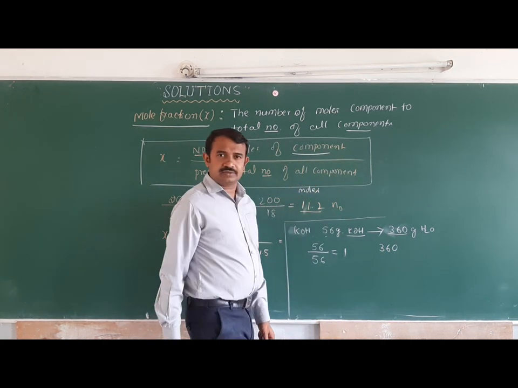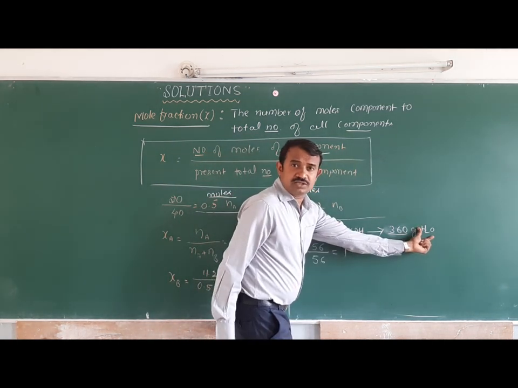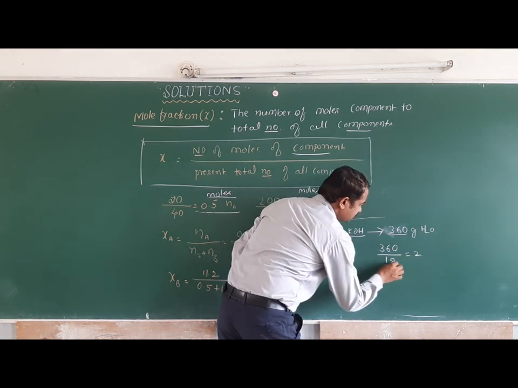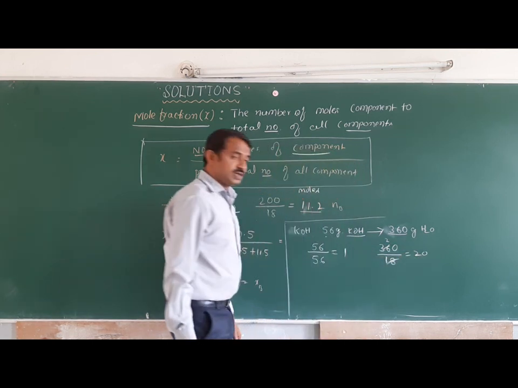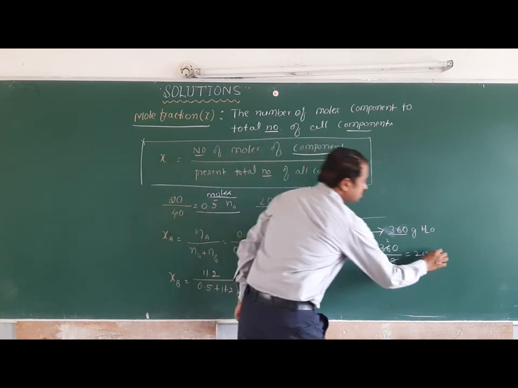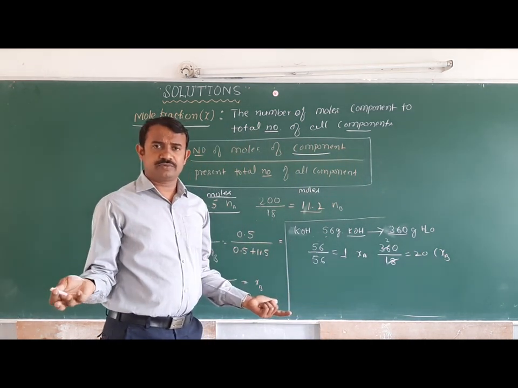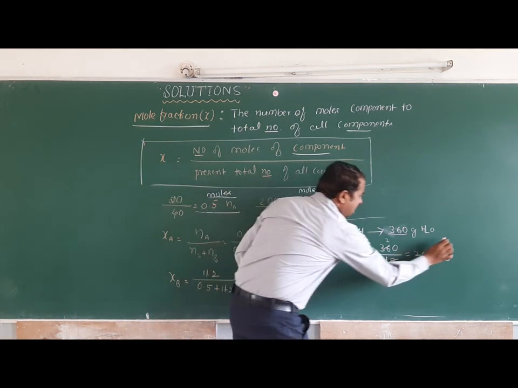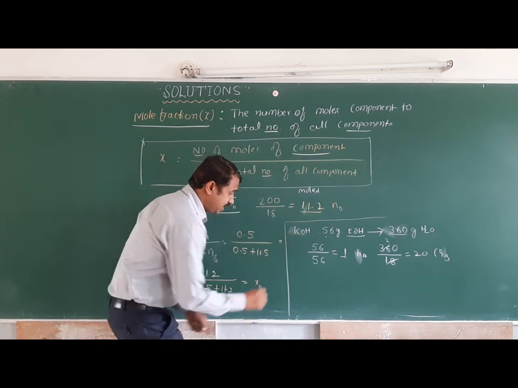Coming to the solvent, 360 gram is there. 360 divided by the molecular weight of water, 18, you will get 20. Here 1 is NA and 20 is NB. Calculate the mole fraction of potassium hydroxide.